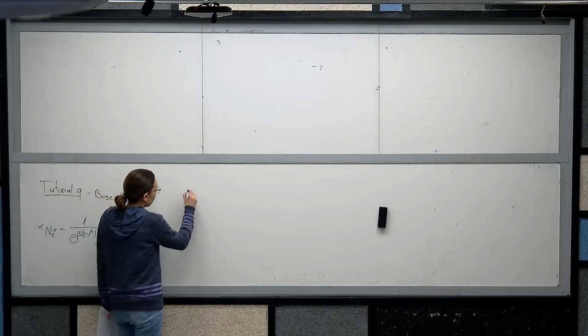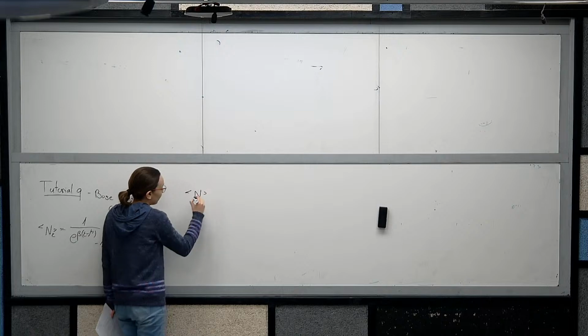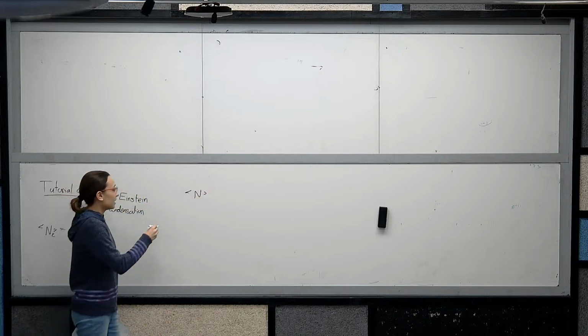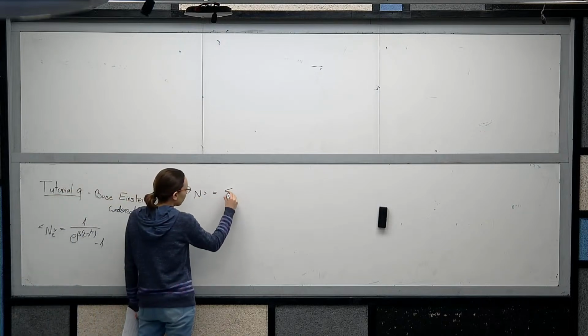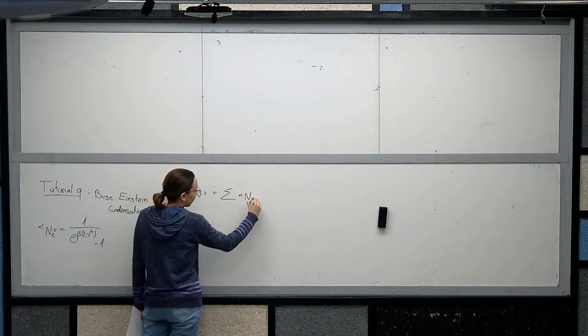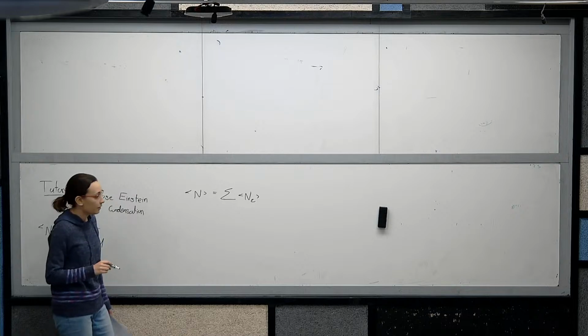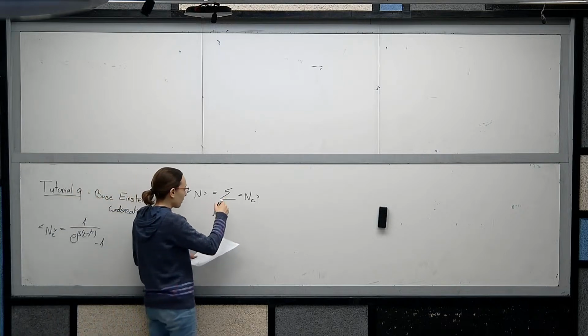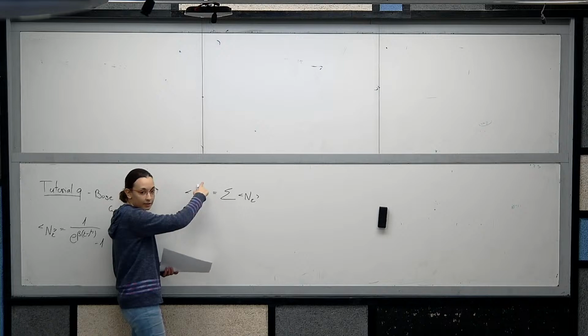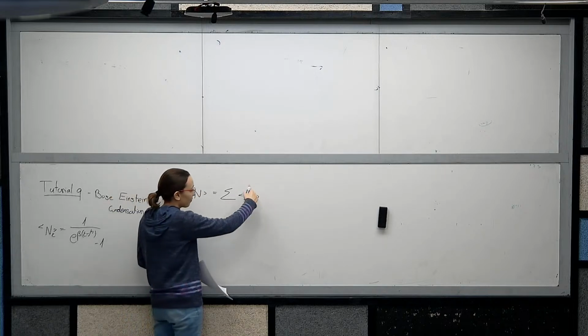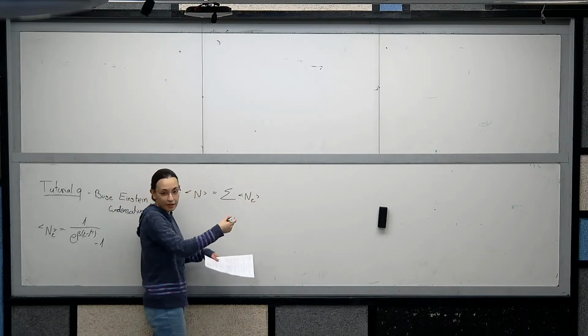So the total number of particles, the total number of bosons in the system, is just the summation over all these levels. Right? So this is the total particles in the system, and this is the average number of particles in a specific energy level.